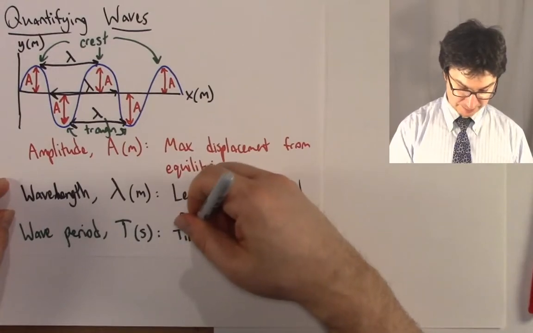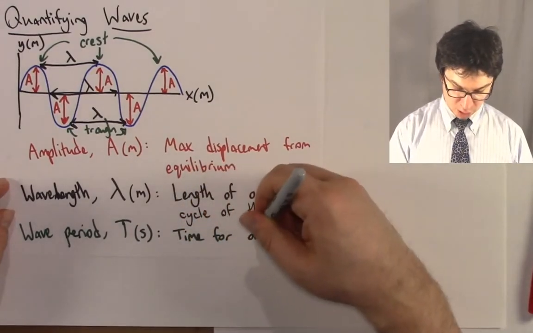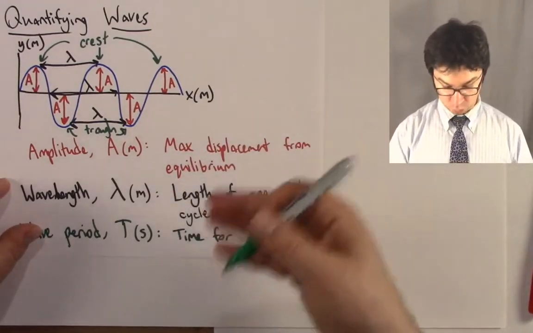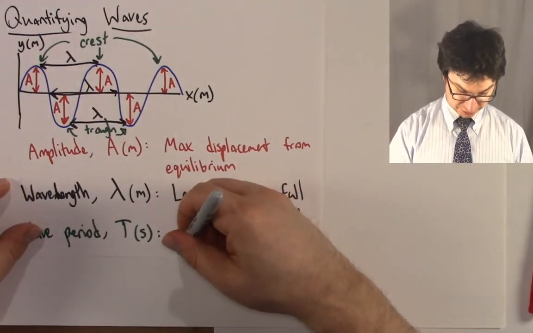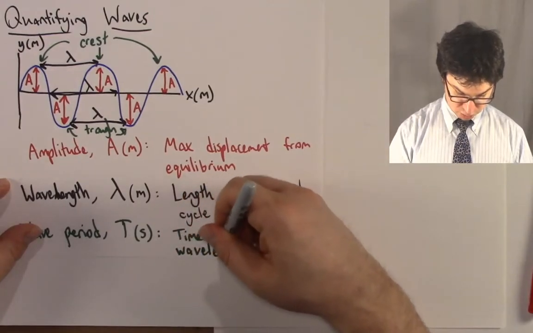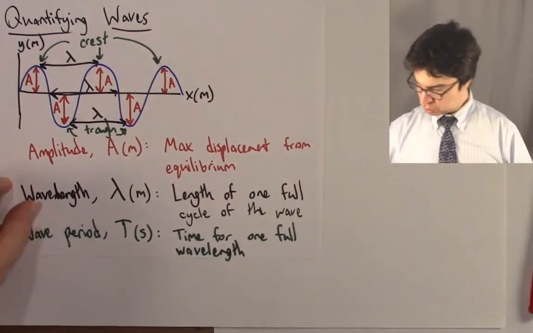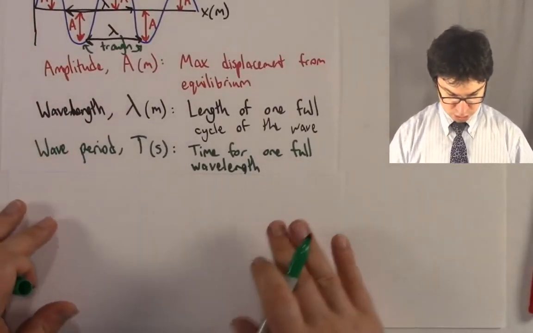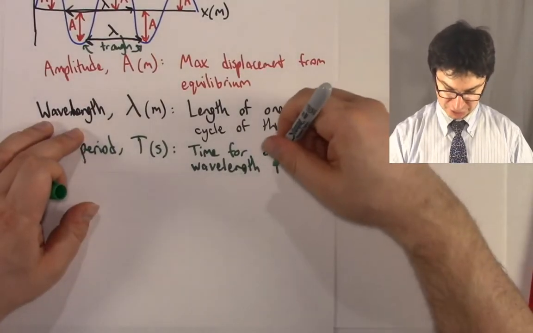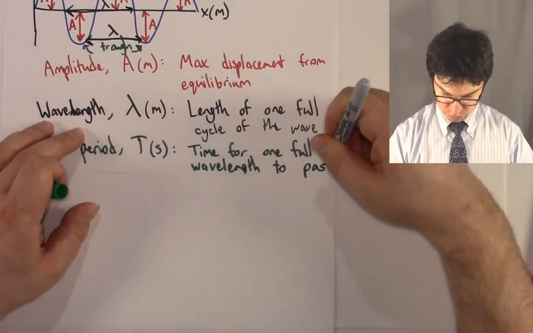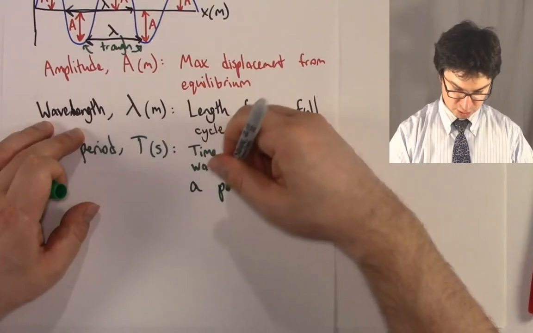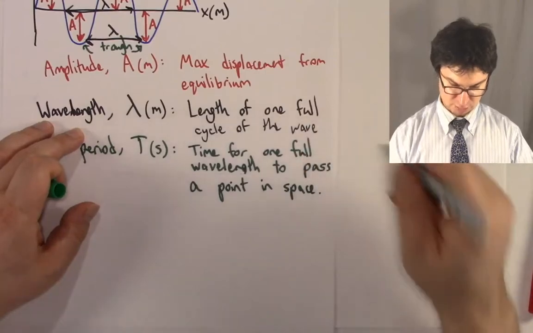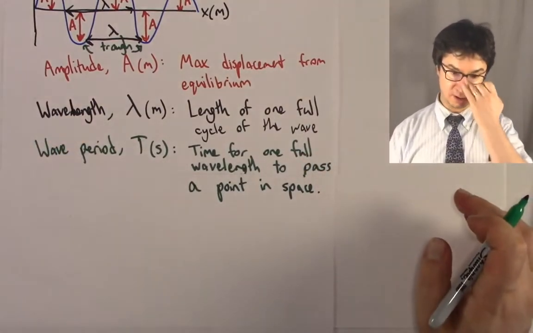And this is the time for one full oscillation, or I should say one full wavelength to pass a point in space. All right, that's the wave period, capital T.